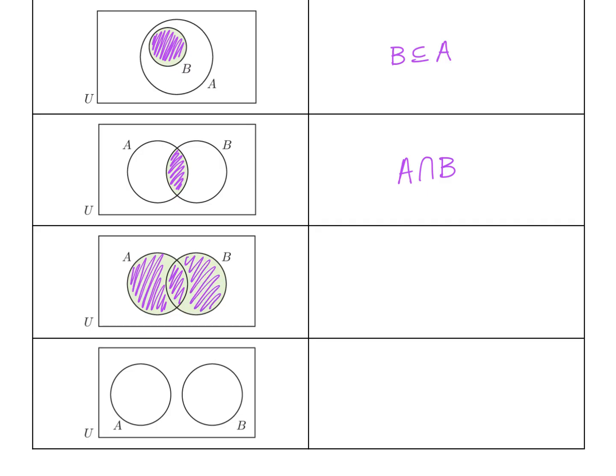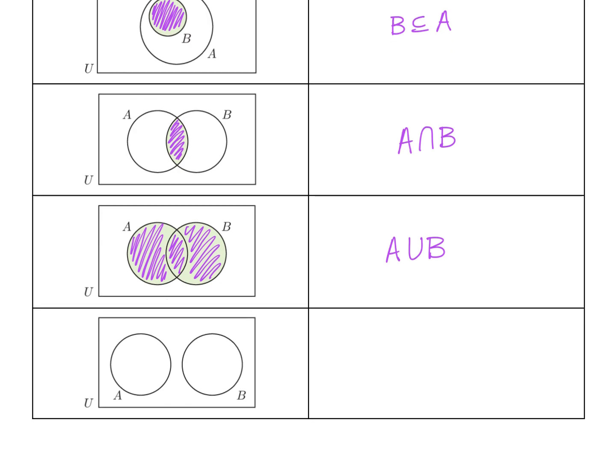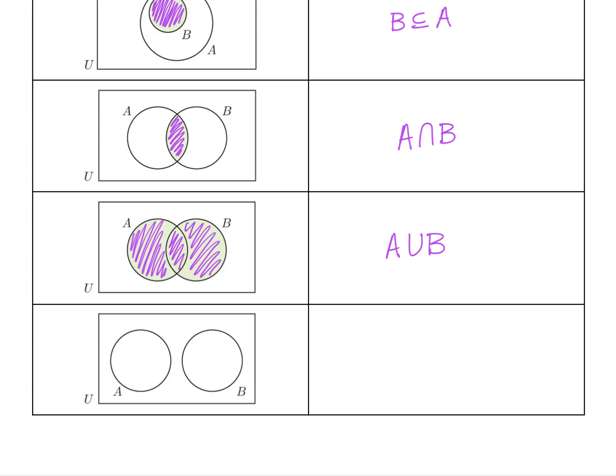So this will be the notation of when A is merged with B, or in other words, the union of A and B.